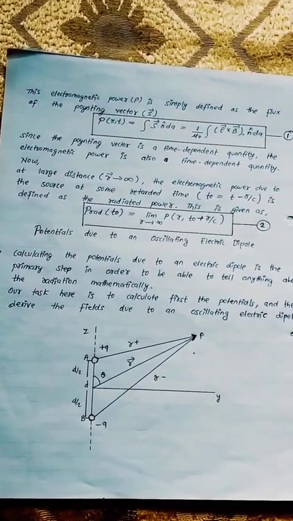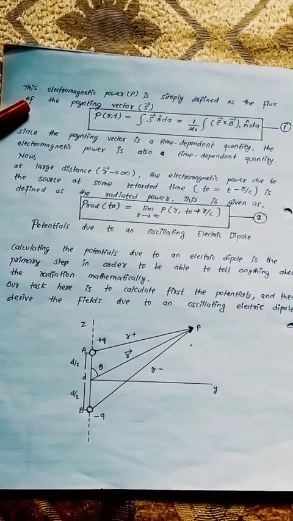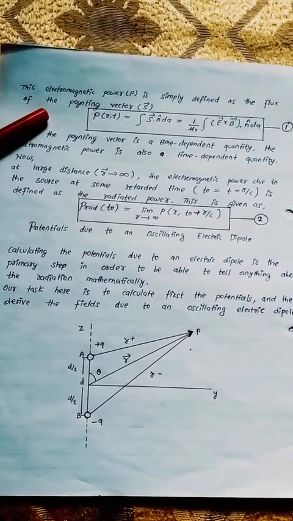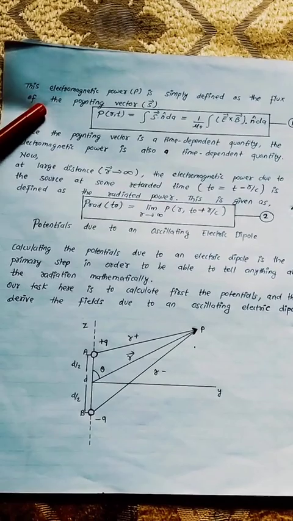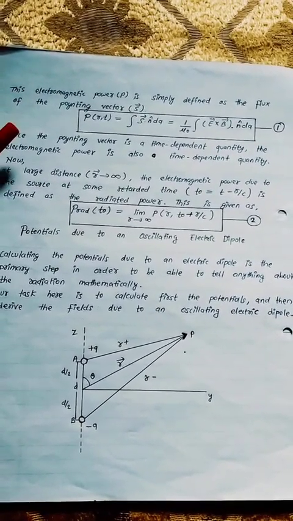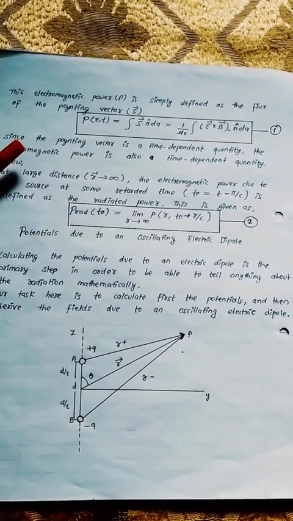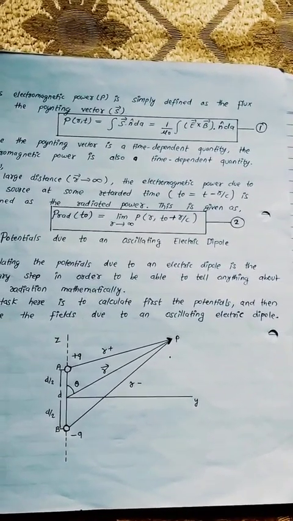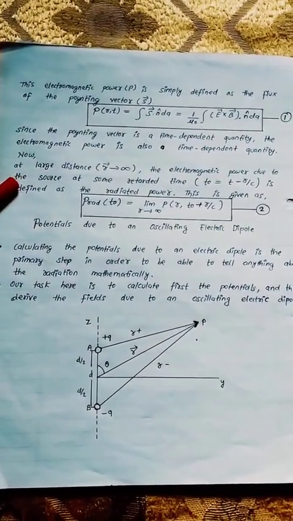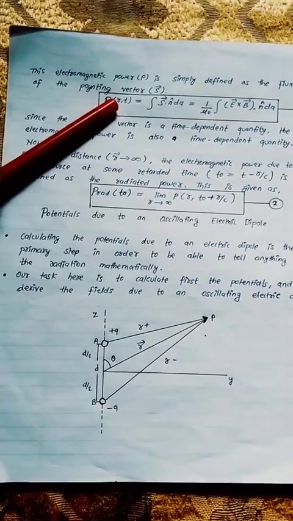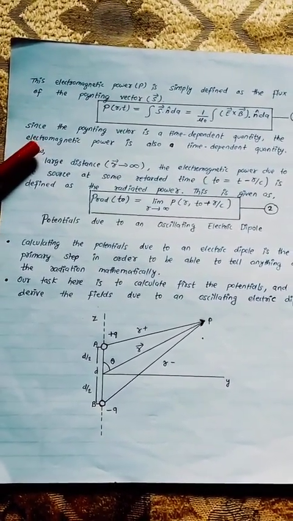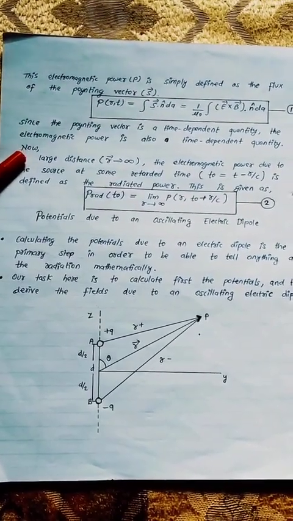The electromagnetic power is simply defined as the flux of the Poynting vector S, P(r, t), which is equal to 1 by mu naught, integration 0 to infinity, E cross B. Since the Poynting vector is a time dependent quantity, the electromagnetic power is also a time dependent quantity.